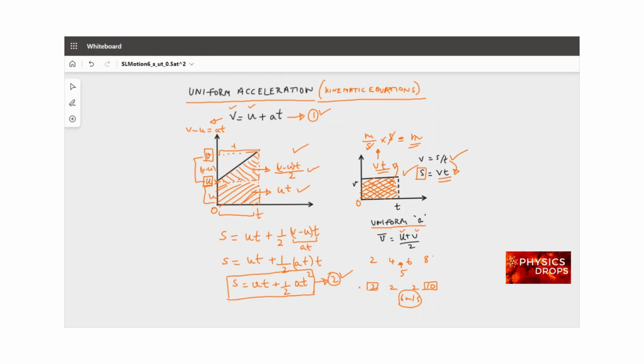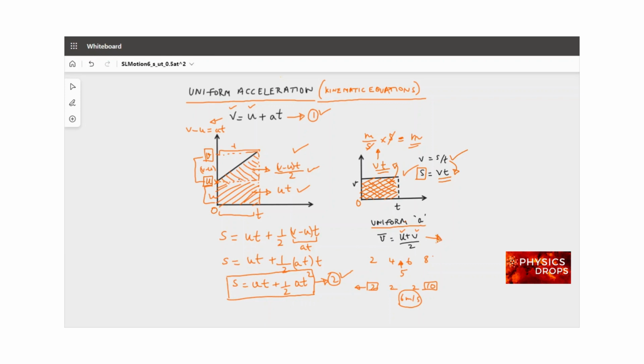Let's assume that instead of 3 instances, this is 10 instances. Then there would be a lot of 2's before this. For that object, if I say 2 plus 10 by 2 is 6 meter per second, it would not make sense, because 95% of the time the object has been moving at 2 meter per second only. So that's just to intuitively explain why we can do this only for uniform acceleration.